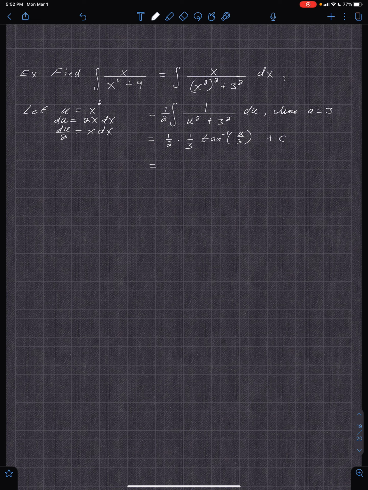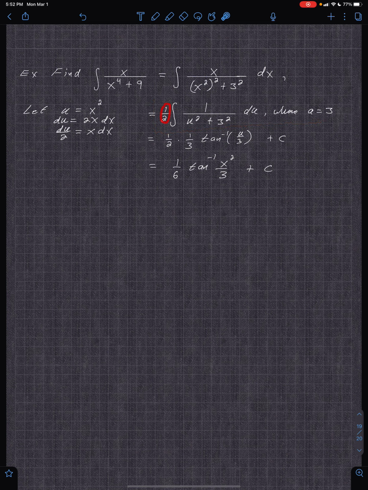U is x squared, so that's going to be, we'll evaluate that, 1/6 tan inverse of x squared over 3 plus c. So you had to simplify a little bit first with a u substitution to get the correct form of the formula above that we can apply.